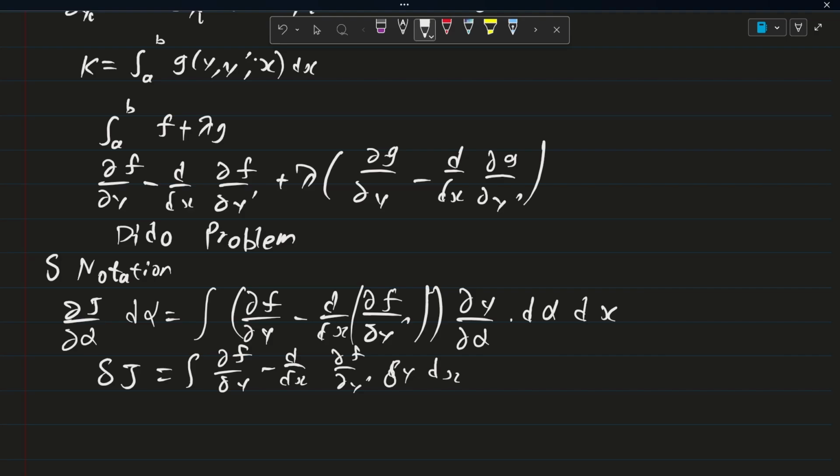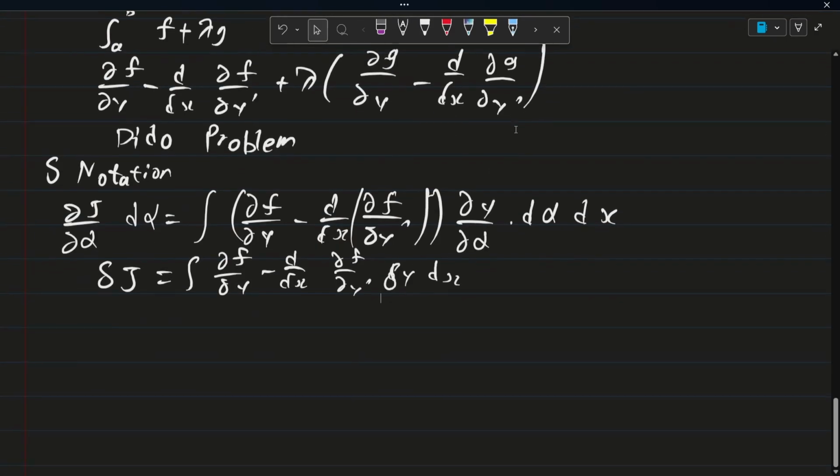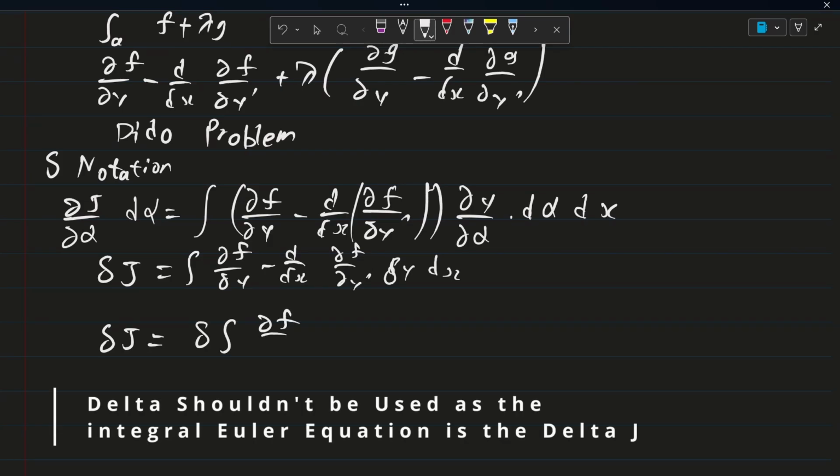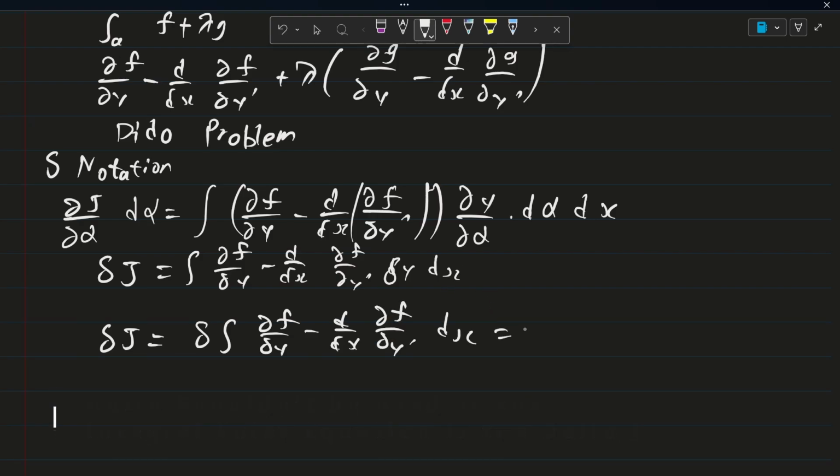So that means that we can actually extract some information, which is the delta j is the delta of this partial f over partial y minus d over dx, partial f over partial y prime dx. And this has to be 0.